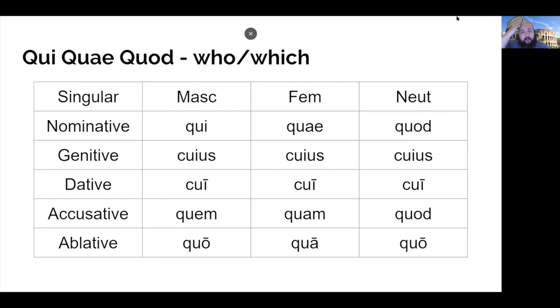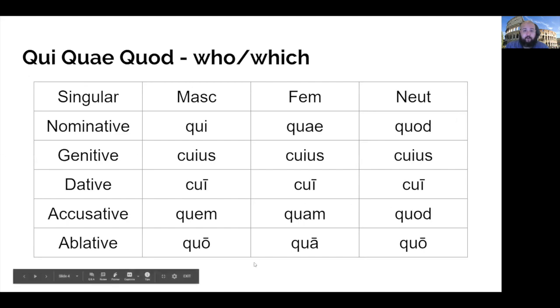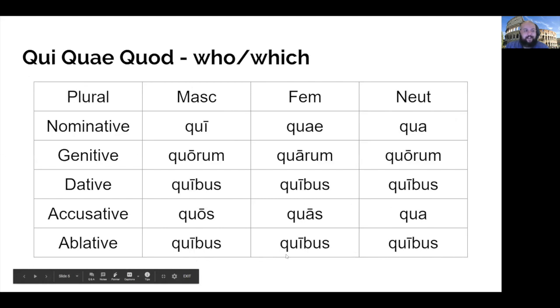The first pronoun that we're going to talk about is qui, quae, quod, which means who or which. As you can see, here are the forms in the singular for qui, quae, quod, both for the masculine, the feminine, and the neuter. Here are the plural forms for qui, quae, quod.